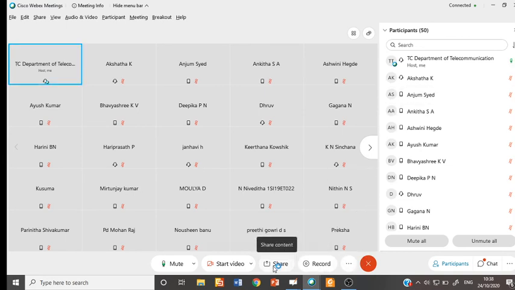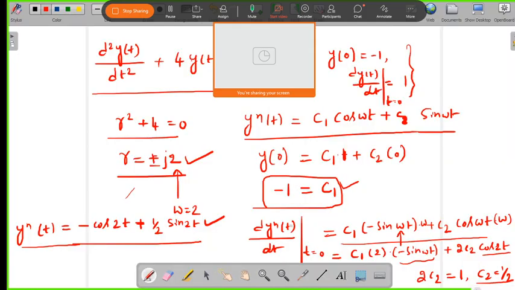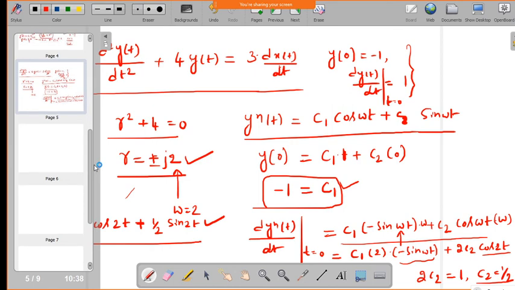So now we'll do the case when the roots are complex. Take this differential equation and try to do when the roots are complex.